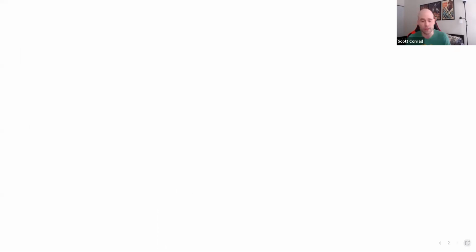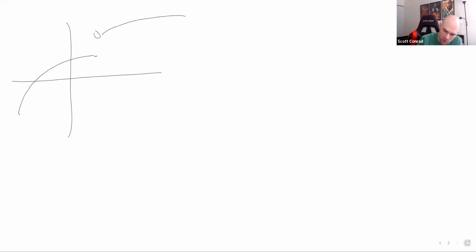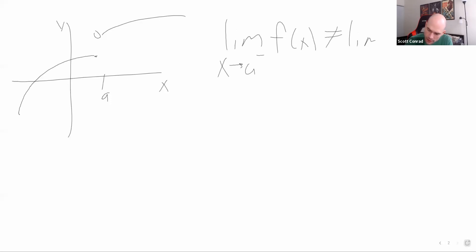It could happen that the limit from the left and the limit from the right don't agree. So the limit as x approaches a from the left of this function does not equal the limit as x approaches a from the right.